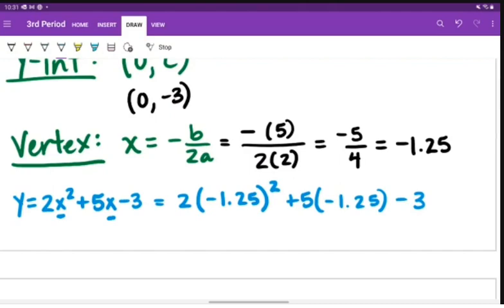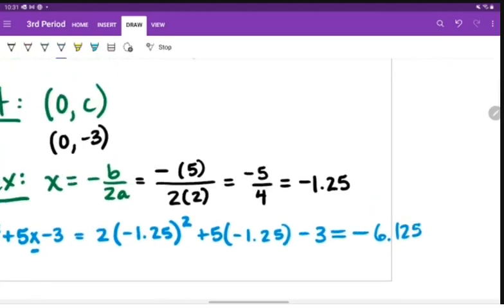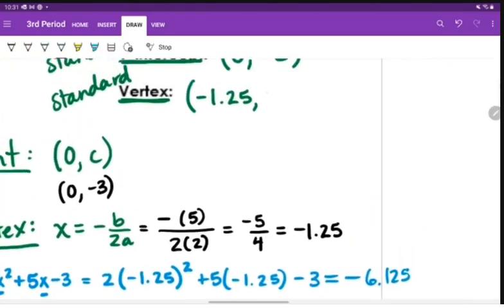That's exactly what I got. Anybody else get that? Negative 6.125? Awesome. Okay. We are improving with our calculator skills. Negative 6.125. And you can round that a little bit. That's fine. So that's the y value of our vertex.